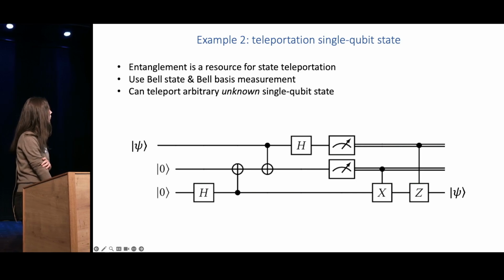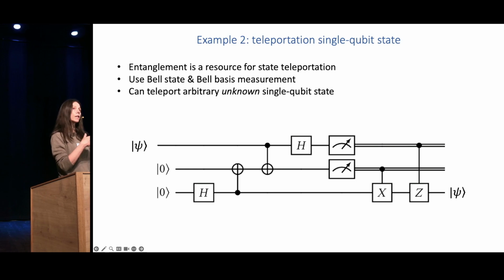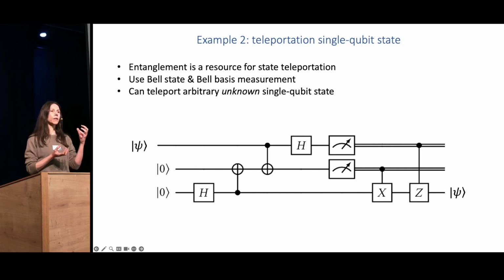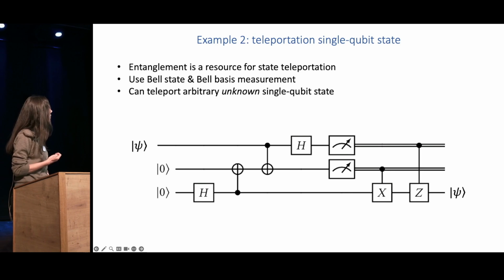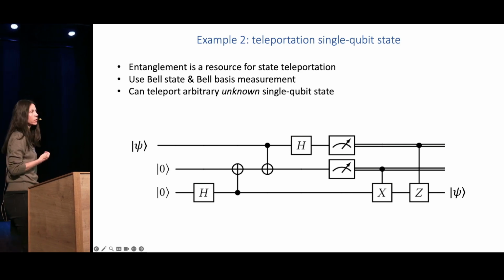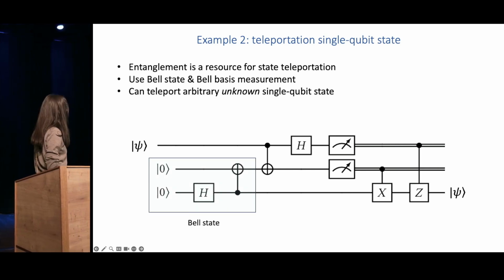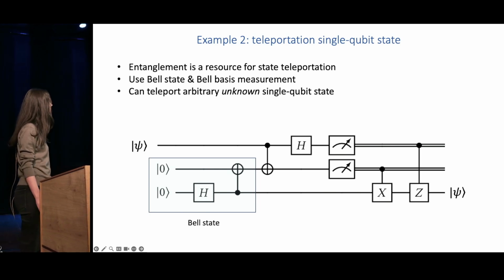Another well-known place where entanglement shows up very prominently, and I should say that these are examples where you have entanglement and measurement together in their interplay, is teleportation, quantum teleportation. So here, first, you create a Bell state, which is shown here in the square.